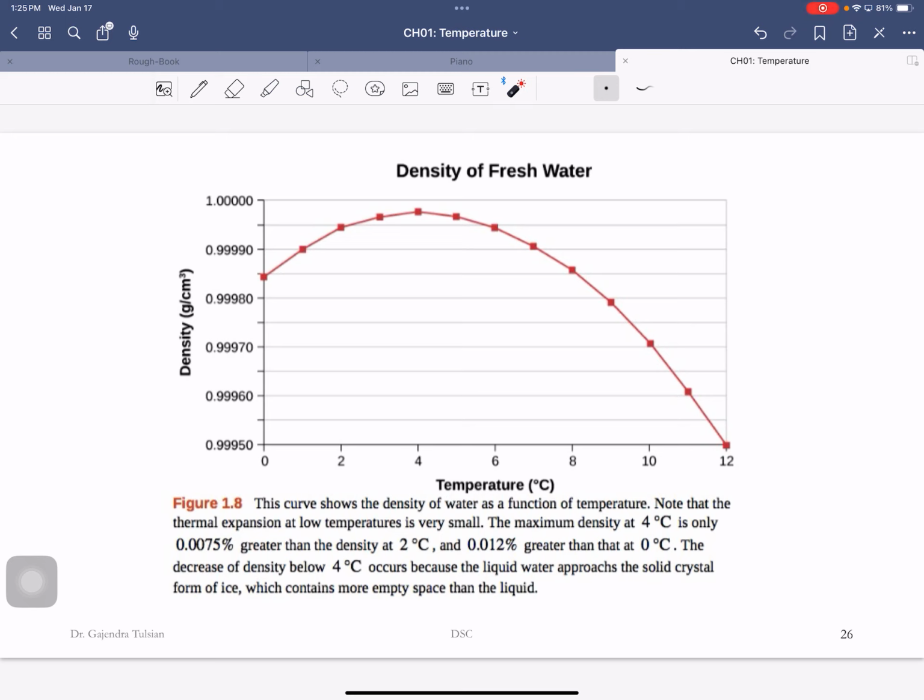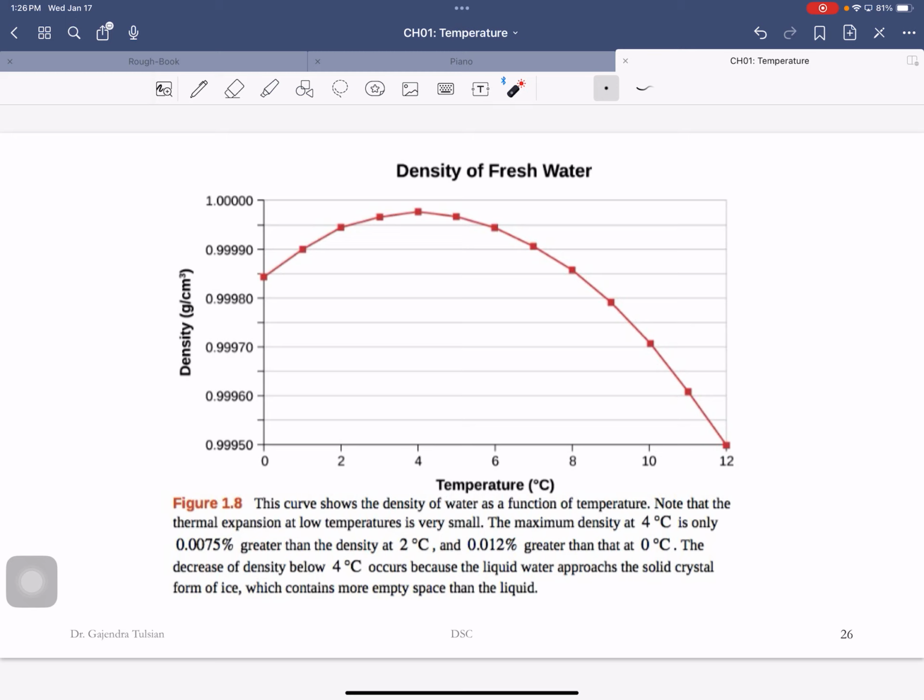Why? It's a property of water. You're increasing the temperature and its volume is decreasing. Now it's a very small effect.